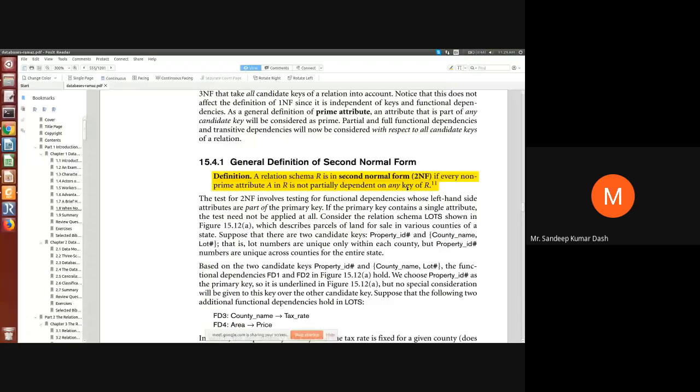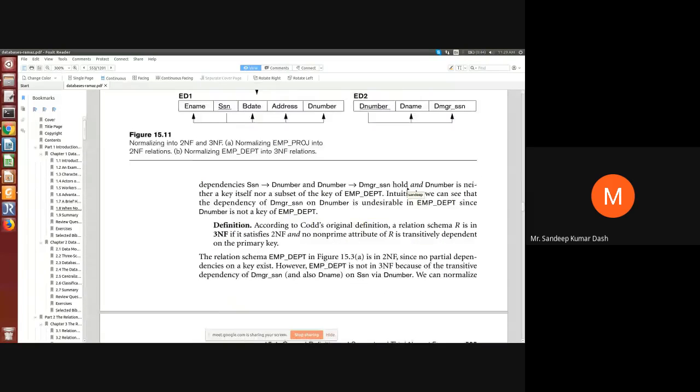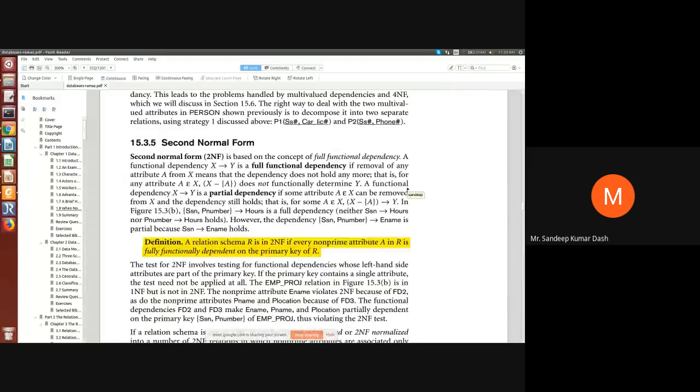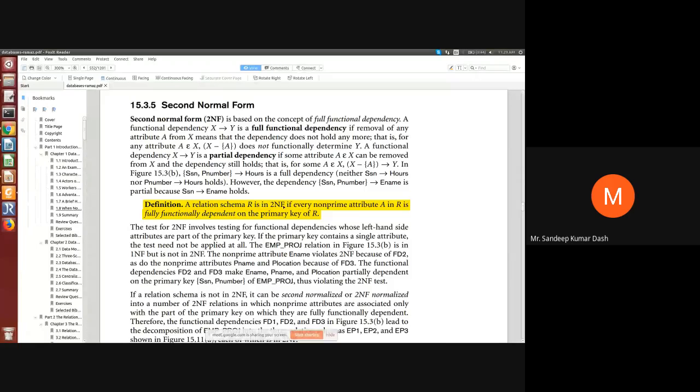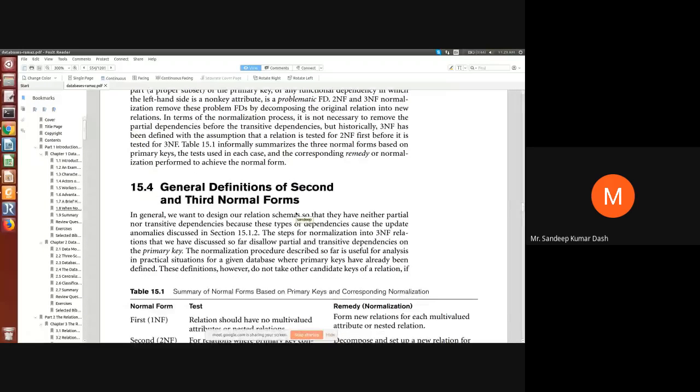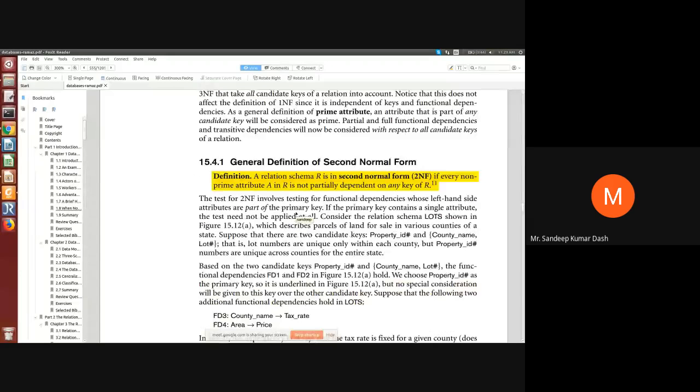In the previous definition, what did it say? You see here the previous definition of second normal form. It said on the primary key of R. Rest things are same. Schema R is in 2NF if every non-prime attribute A in R is fully functionally dependent on the primary key of R. So that was on the primary key. But there is an alternative definition which you can also take into account.